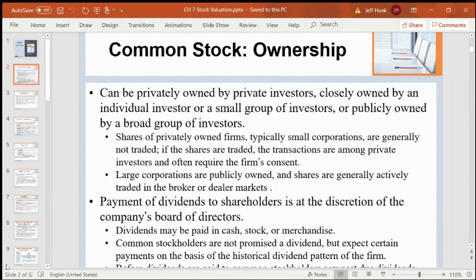Of course, we don't have to meet. We don't have to know. It's all arranged by the broker, right? It's totally anonymous. And the second owner can hold the stocks and enjoy capital gains and dividends during his holding period. And when he feels that it's the right time to sell, he will sell.